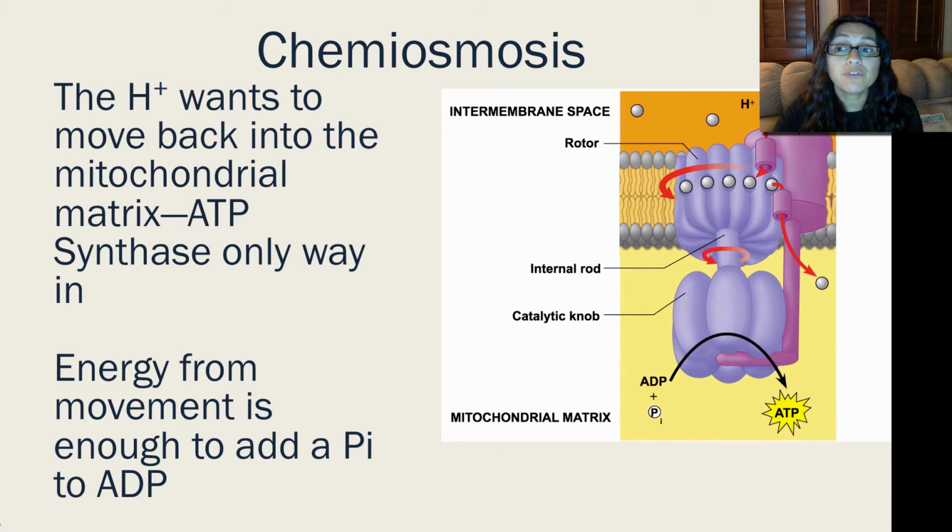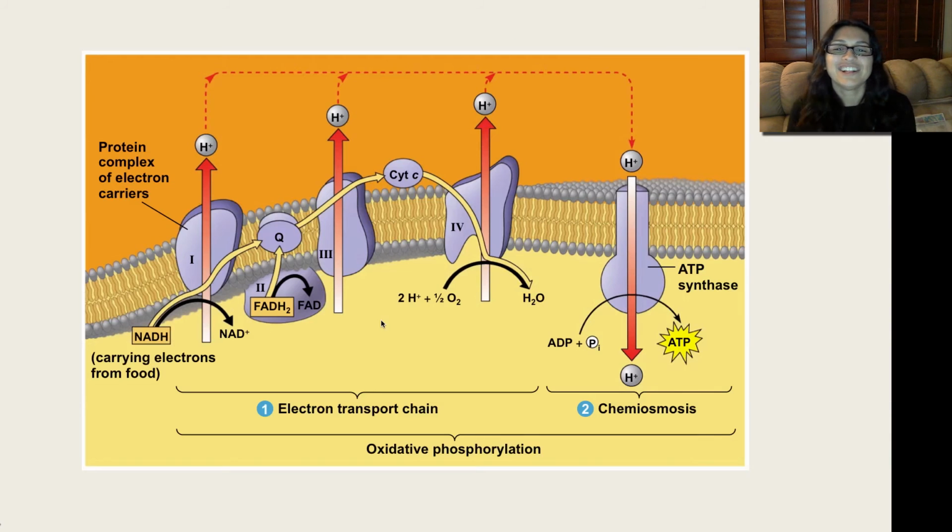So the movement of these hydrogen ions back into the inside of the mitochondrial matrix here is what's going to provide the energy to add phosphate onto ADP and create your ATP finally in the end. That's a lot.